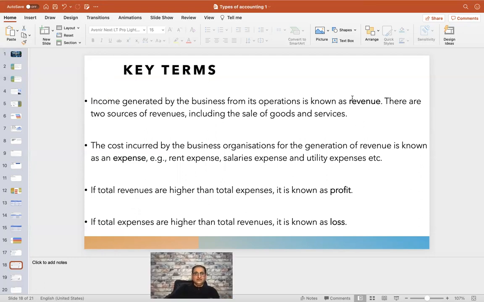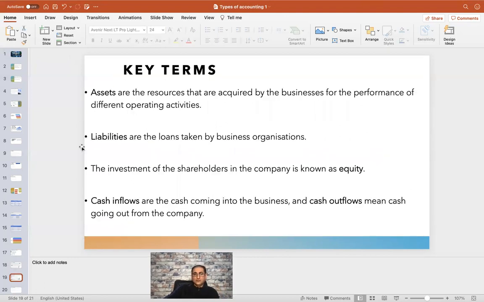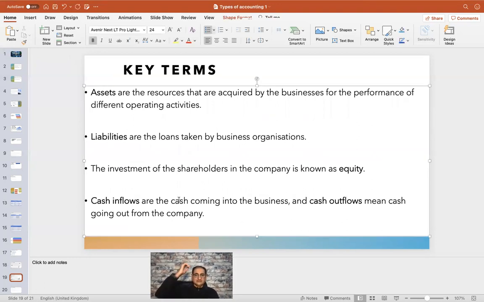You can see them here: the definition of revenue, expense, profit, loss, and some more terms as well: assets, liabilities, equity, cash inflow, and cash outflow. You can go to these definitions again, and if you have any problem, you can revise them.